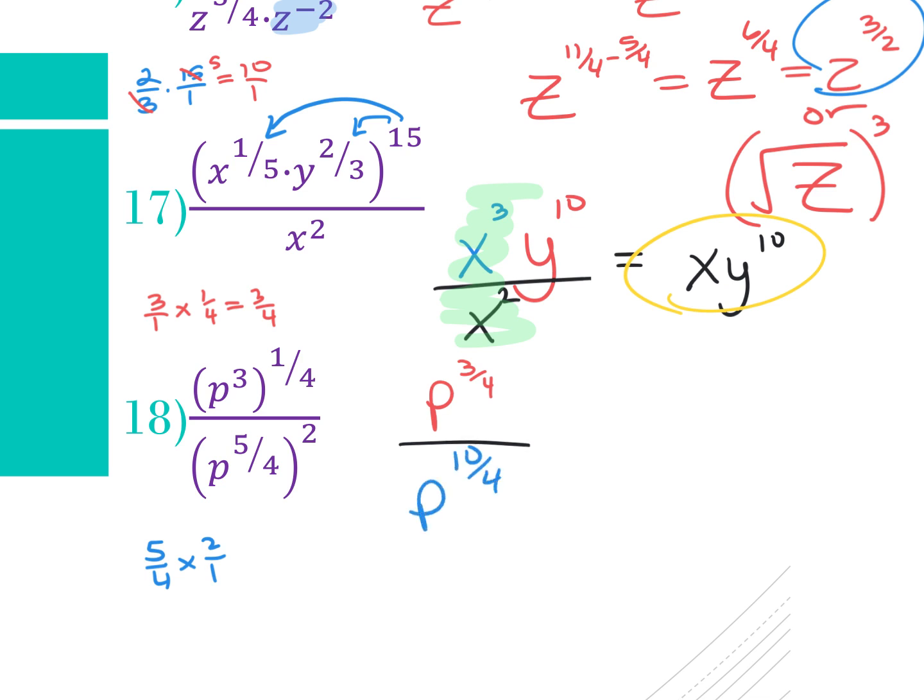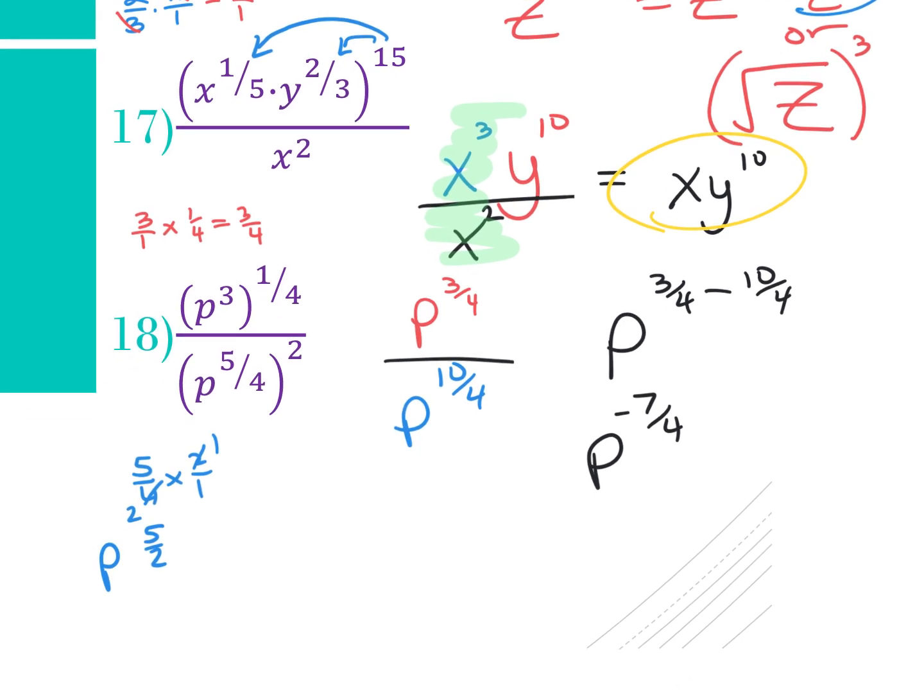I could have simplified this and made this a 1 and a 2, and then it would have been p to the 5/2. But remember, I need to subtract these powers here, so that's why I didn't simplify, because now what it is is p to the 3/4 power minus the 10/4. I'm subtracting the powers. And then this is going to give me p to the negative 7 over 4 power.